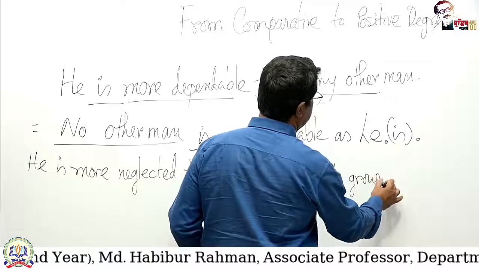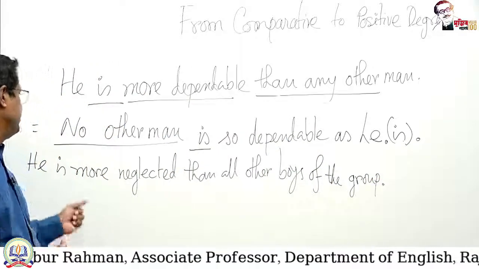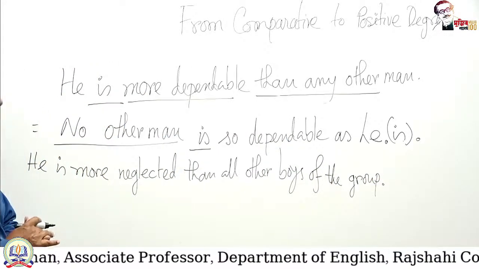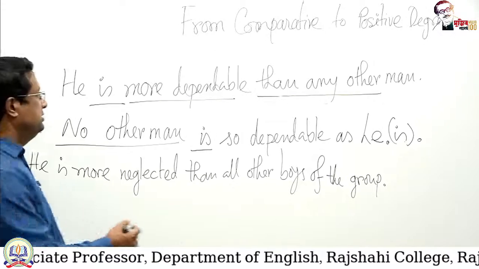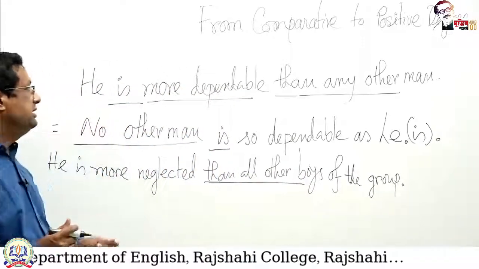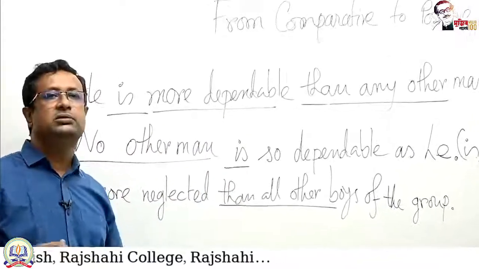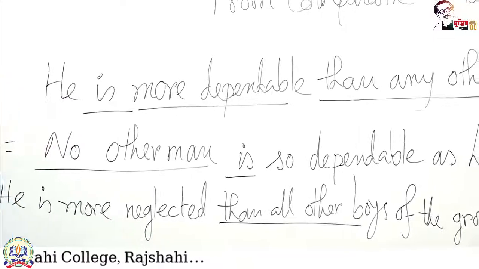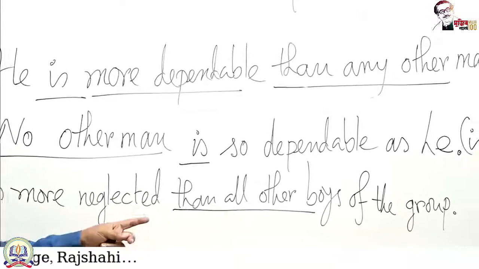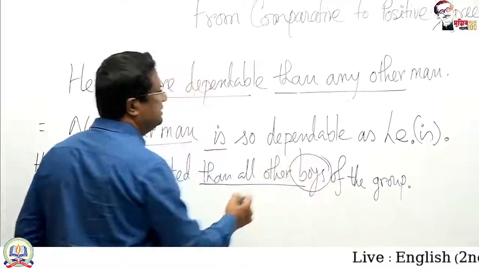He is more neglected than all other boys. So here you find than all other. In case of than any other and than all other, you will use the same thing: no other. Then it will be changed into singular form.